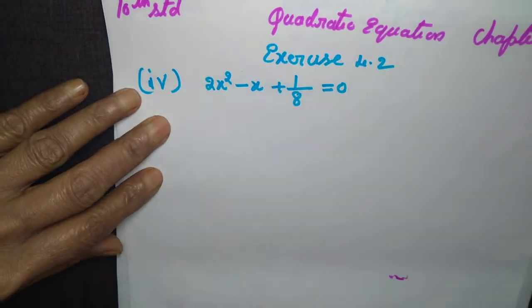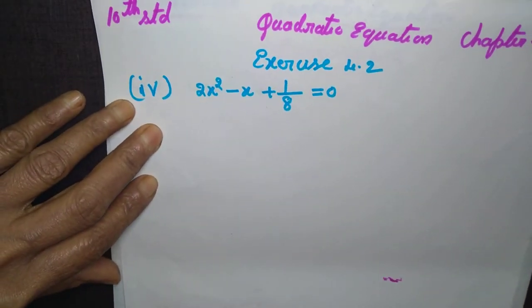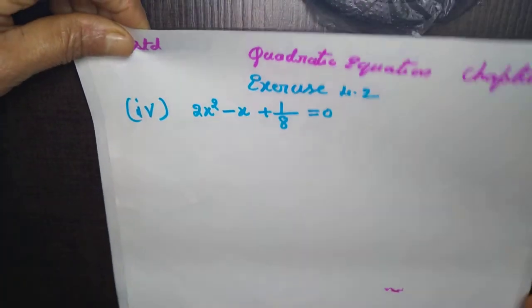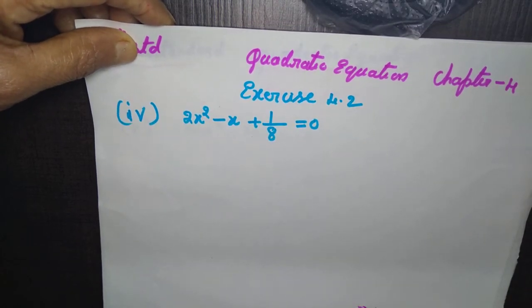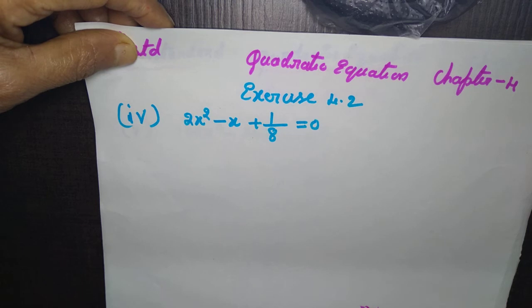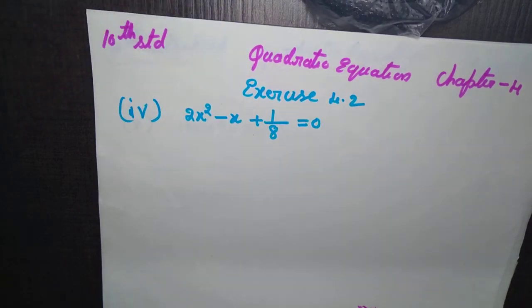We will go to the next sum, that is exercise 4.2, fourth one, that is 2x square minus x plus 1 by 8 is equal to 0. You have to remove the 1 by 8, therefore you have to multiply on both sides by 8.